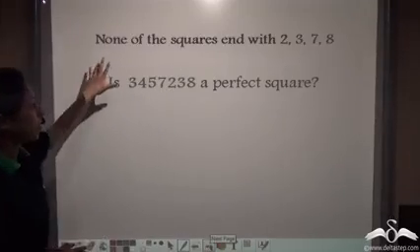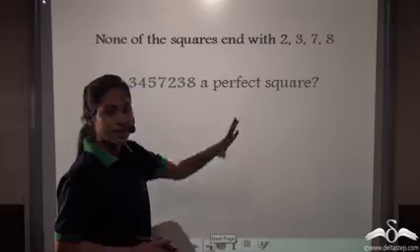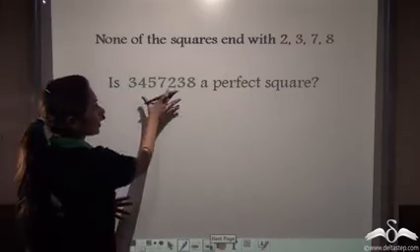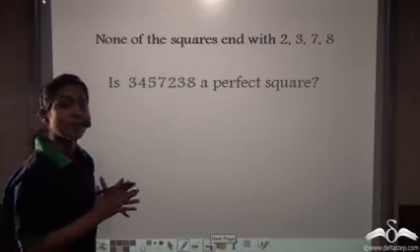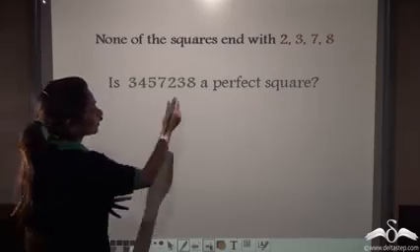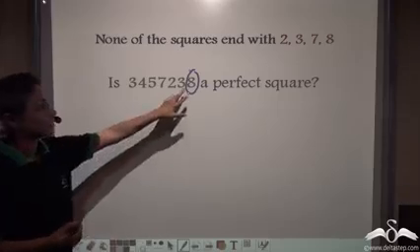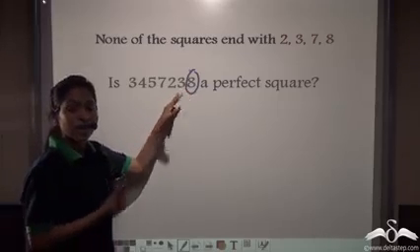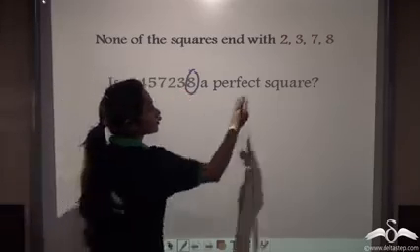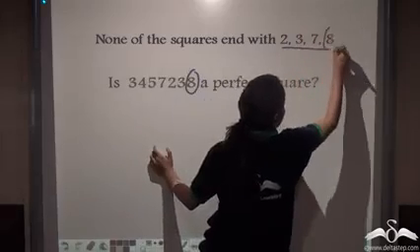So, I can say none of the squares end with 2, 3, 7 and 8. So, just looking at a number can tell you whether it is a perfect square or not. See the unit digit? It is 8, and just now we have seen that no square number ends with 2, 3, 7 or 8.